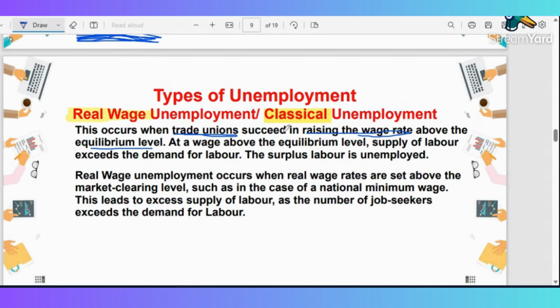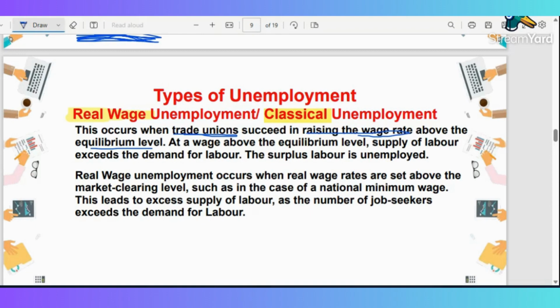Let's go again. Real wage unemployment occurs when trade unions, who talk on behalf of a specific labor force, are involved. For example, teachers have their own trade union.